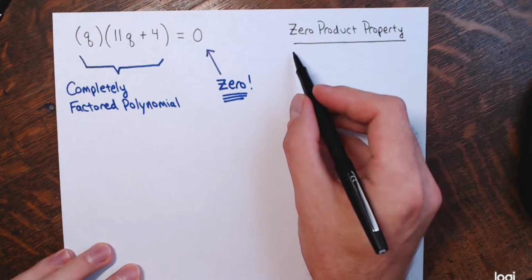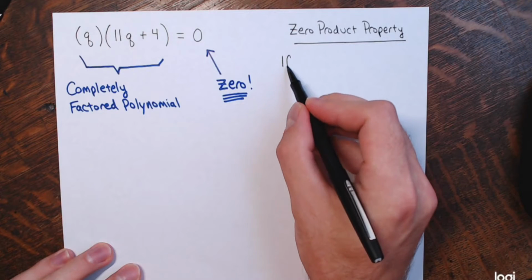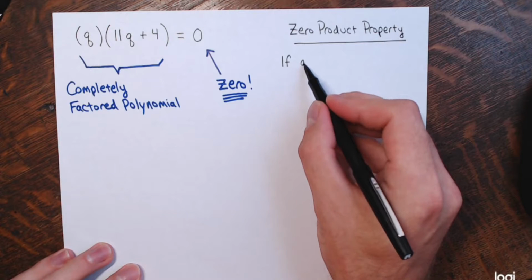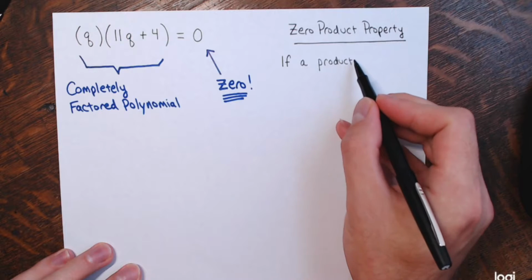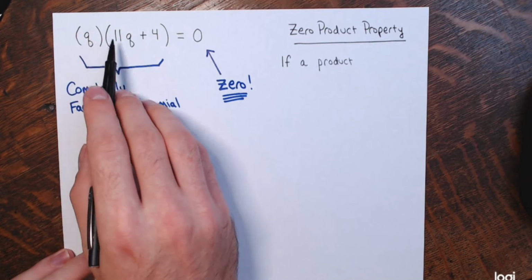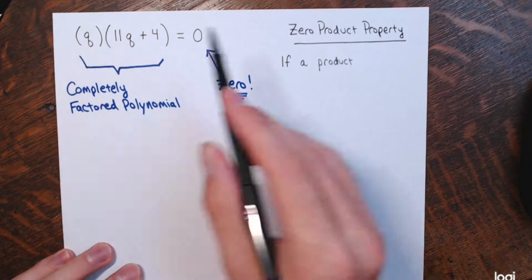The zero product property states the following. If a product equals 0, now remember, a product is some sort of multiplication, like here, q times 11q plus 4, the product of 2 factors.